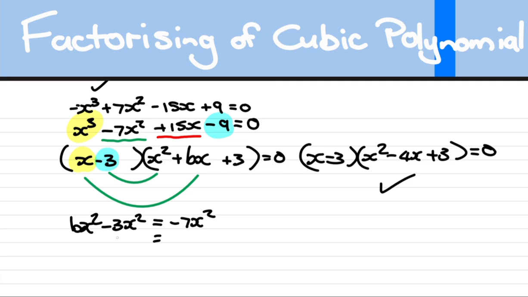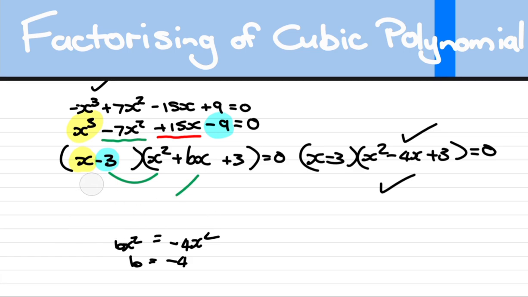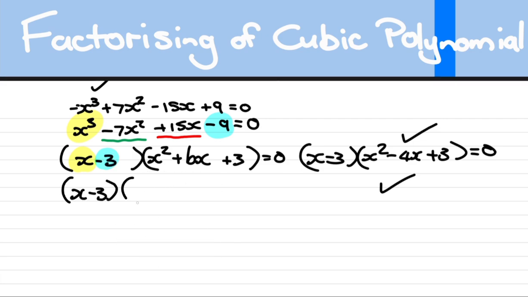I'm going to take the -3 across to the other side, becomes a positive, so this is -4x squared, and we're going to divide both ends with an x squared, so we can find the value of b, and we actually found the same value. So in theory we can do it both ways, and you need to know both ways. So when I factored this out, I actually got to these two values.